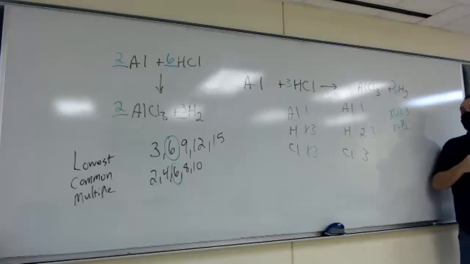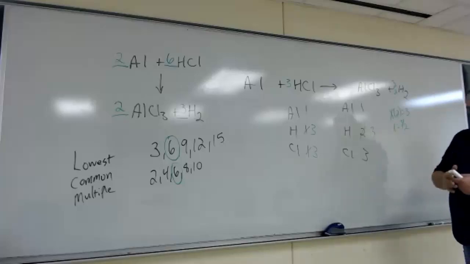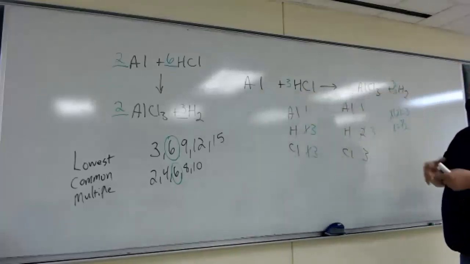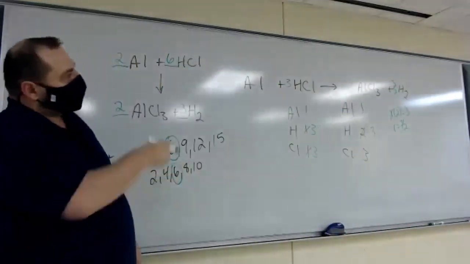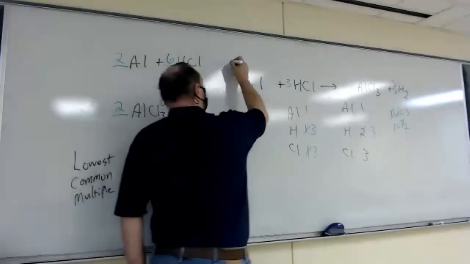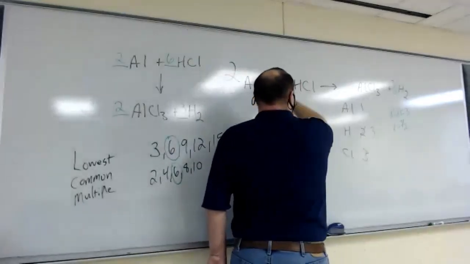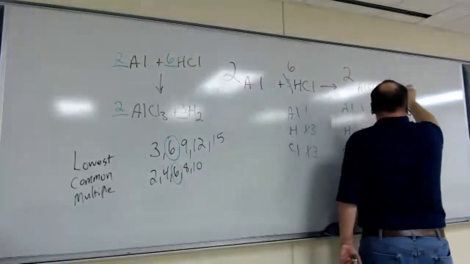I have what? I have a fraction. Why can't I have a fraction? All have to be whole numbers, the smallest whole number ratio. So my ratio is 1 to 3 to 1 to 3/2, but I need to go ahead and fix that. I've got a half on the bottom, so I'm going to multiply them all by 2. That becomes a 2. A lot of people forget that that's the 1 there. It has to become a 2. This one becomes a 2.